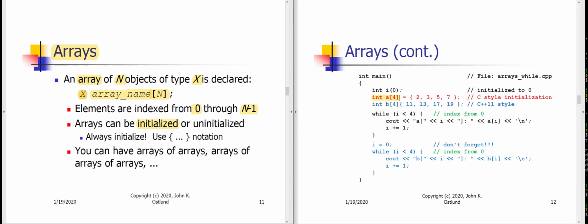We can initialize arrays or leave them uninitialized. I recommend following the rule that all objects should be initialized whenever possible, and this applies to arrays as well. In the C++ language, we use curly braces to contain the sequence of initial values that are put into the array.